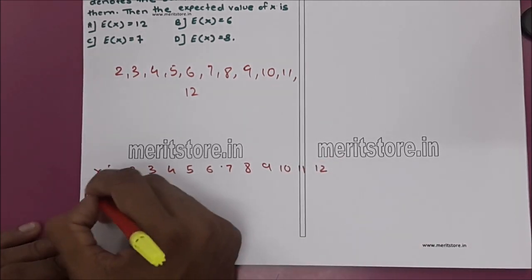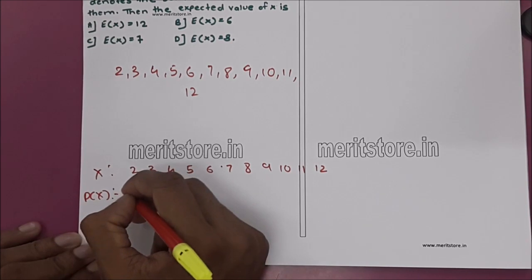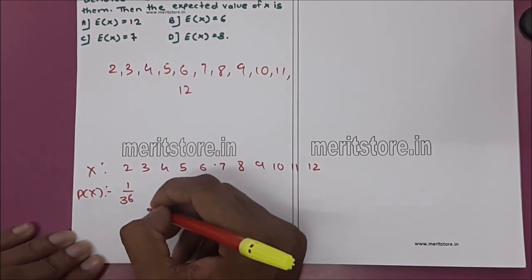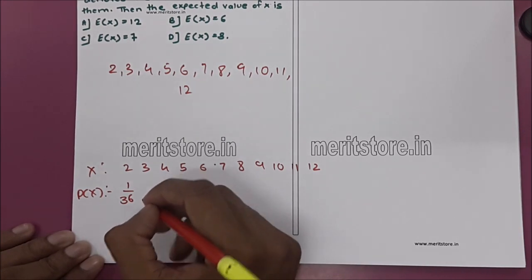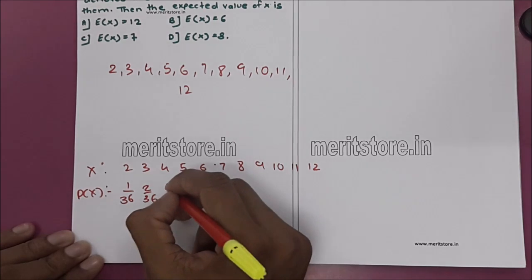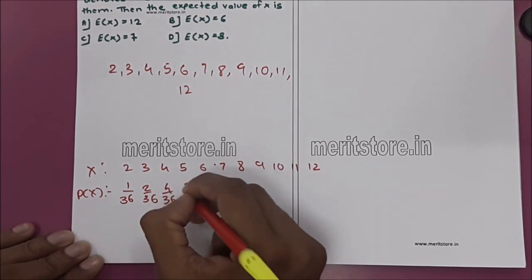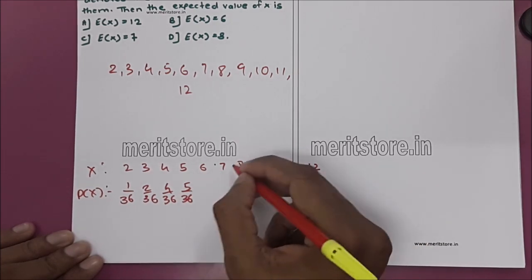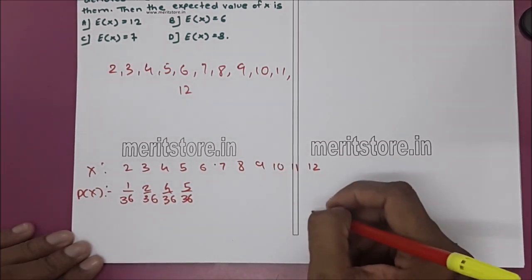So we get probability p(x) as 1 by 36 for 2, 2 by 36 for 3, 3 by 36 for 4, 4 by 36 for 5. So similarly we get 6 by 36, 7 by 36, and so on.